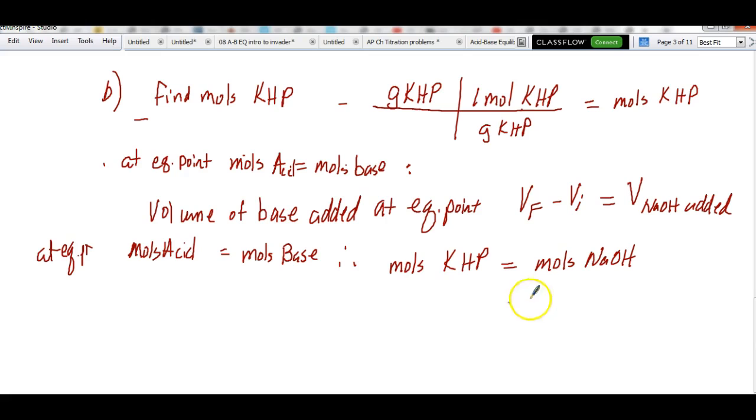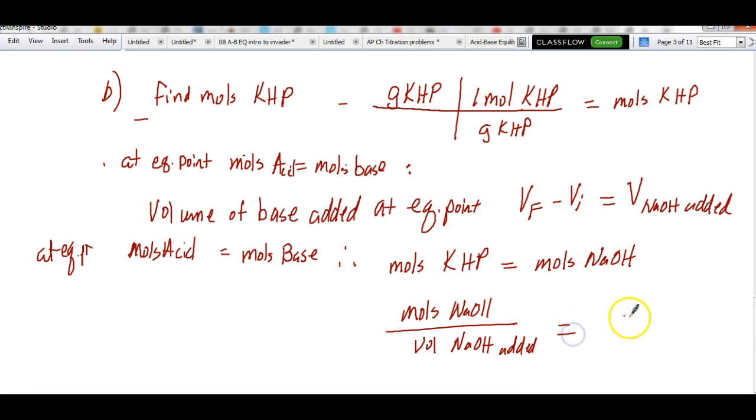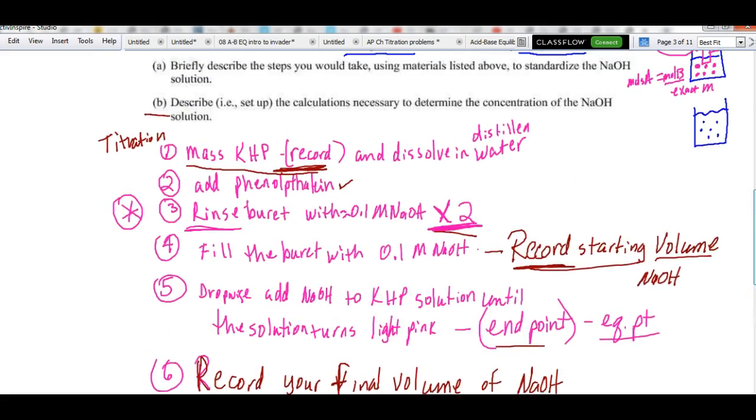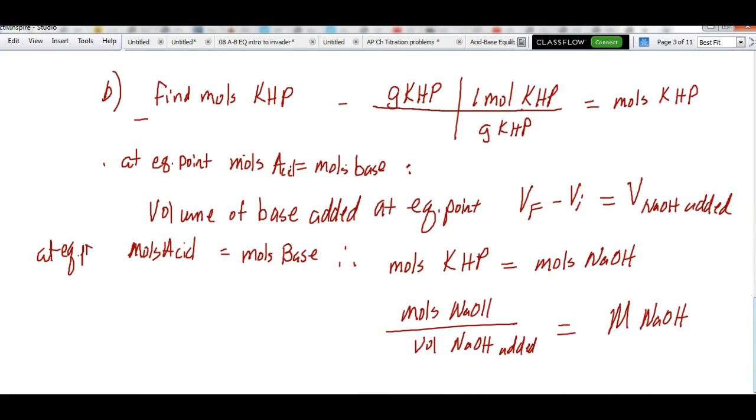And then if we take moles of NaOH and divide it by the volume of NaOH added, we get the molarity of the NaOH. All right, so that's how we do that.